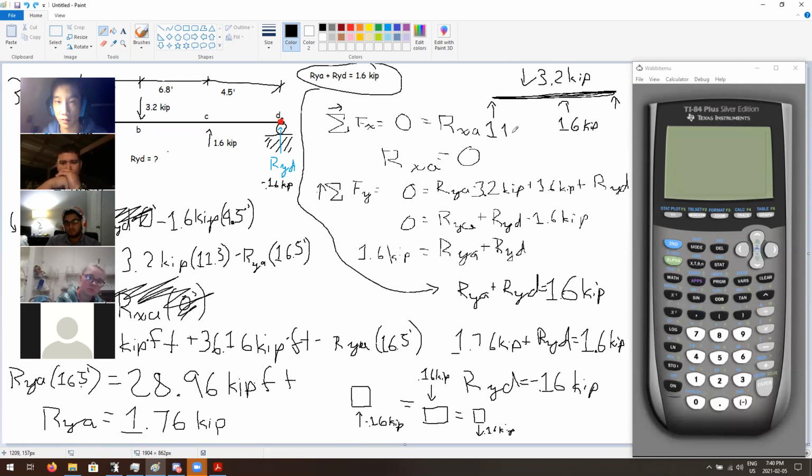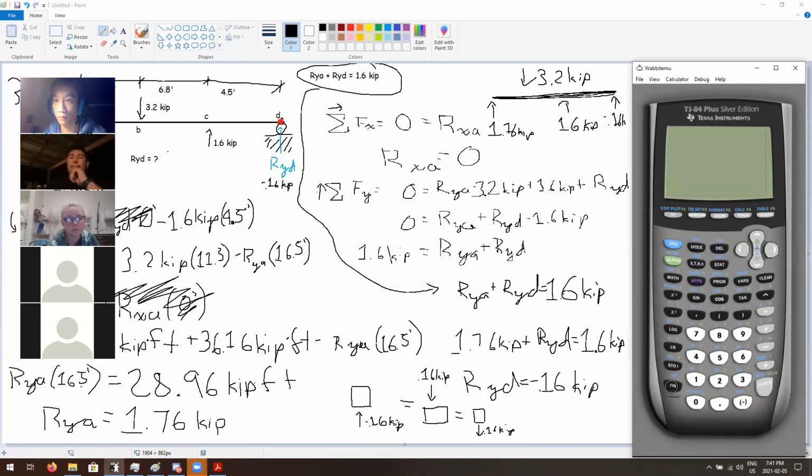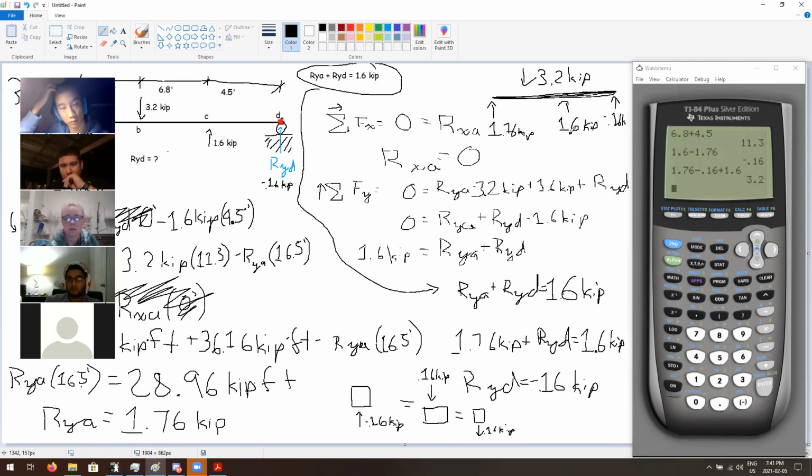So what did we get? 1.76 kip and a negative 0.16 kip. I feel like we rounded too much because it doesn't equal 3.2 exactly, but it's close. I think we probably rounded too much in the beginning. You're saying the negative 0.16 doesn't add up to 0?